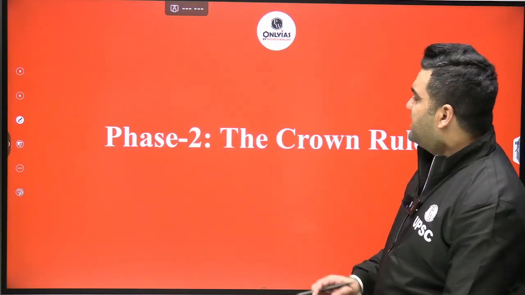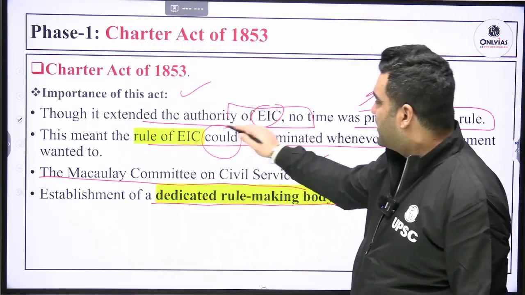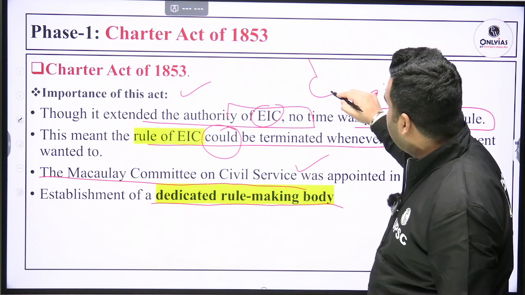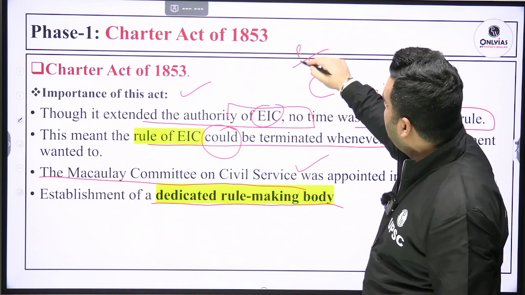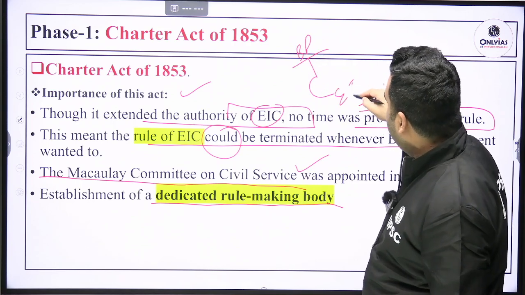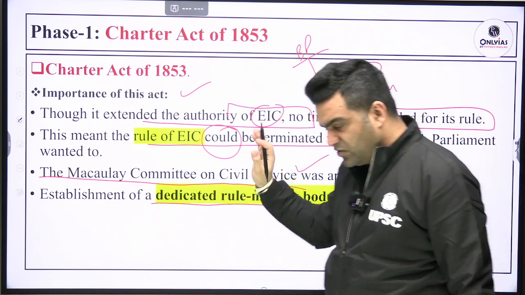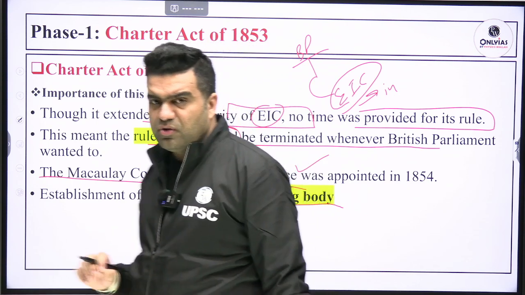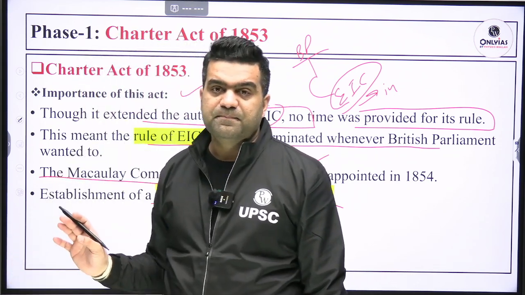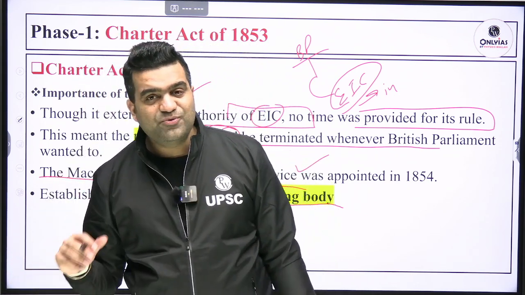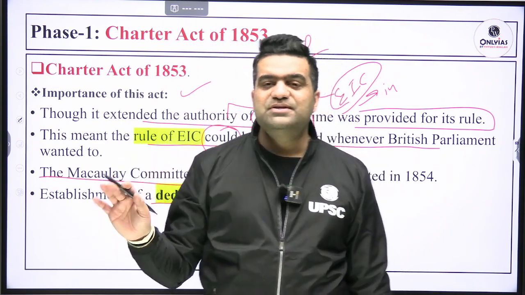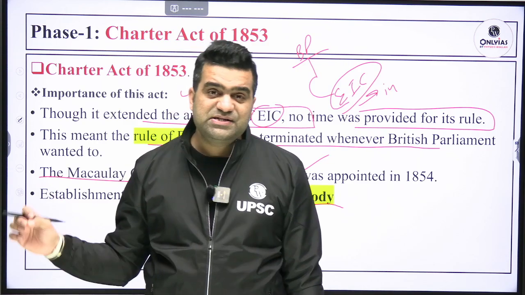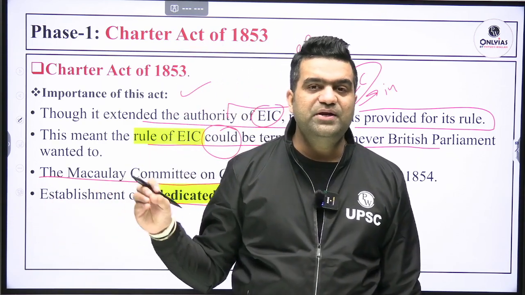So this company, the British East India Company, would always be on tenterhooks. Whenever British Parliament would want, it could eliminate the role of the company. The company had to pay a huge sum to the British Exchequer in order to continue.